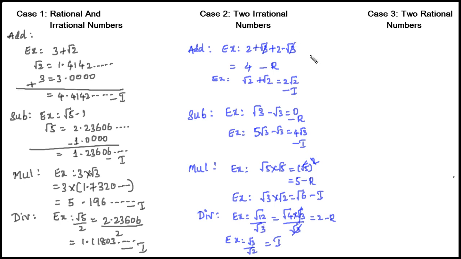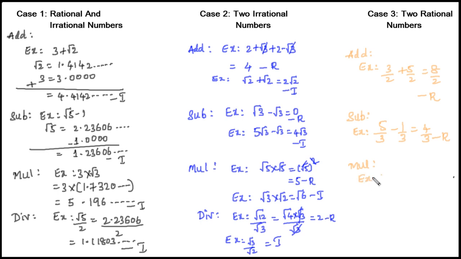Students, let's look into case 3 where the given two numbers are rational numbers. So let's perform addition operation. So example, 3 by 2 plus 5 by 2. The resulting number is 8 by 2, which is a rational number. Let's check with subtraction. 5 by 3 minus 1 by 3, which is 4 by 3, which is also a rational number. Let's perform multiplication between two rational numbers.